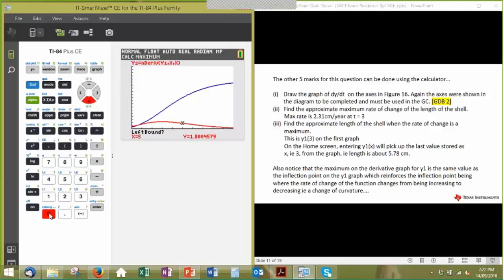So my left bound is 0. My right bound is about 5. That's right. Again, the colour is just beautiful. We're working on it. And so the maximum is at 3 and the y value was 2.31. But the interesting thing is it's right up here where that change of curvature happens.